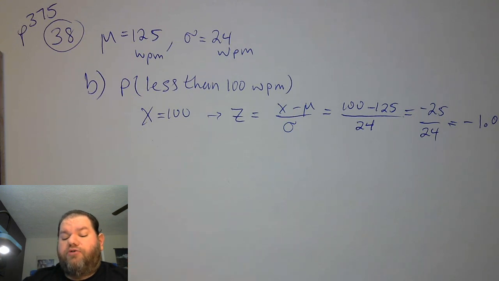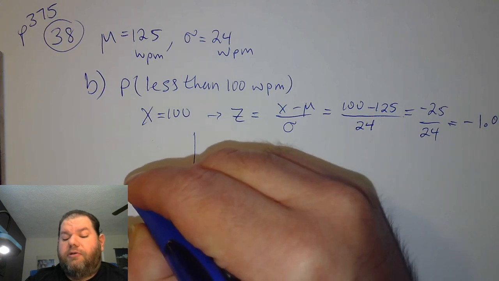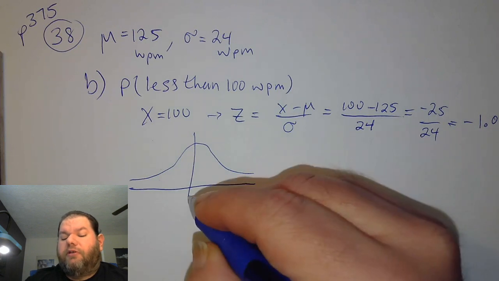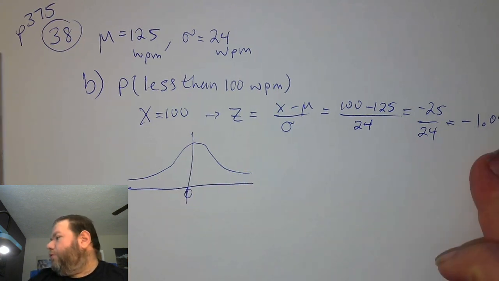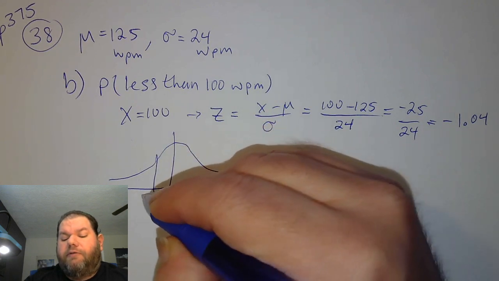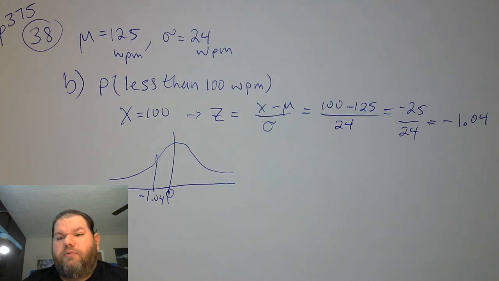Now, we go ahead and draw our standard normal distribution. We know 0 is in the middle, and negative 1.04 is slightly to the left of 0. And we have to decide which side of this we need to shade the area under the graph. We're going to shade to the left or to the right based on the question.